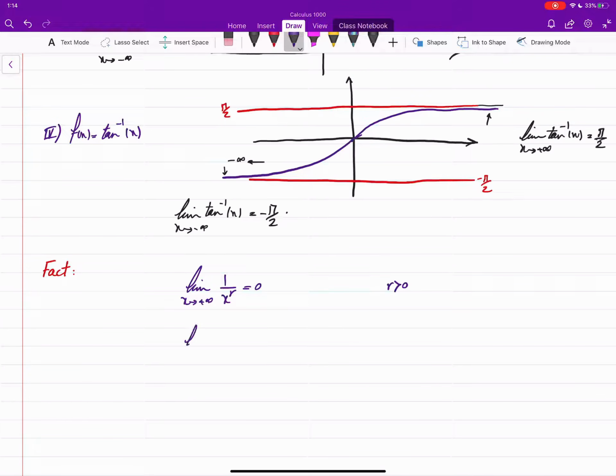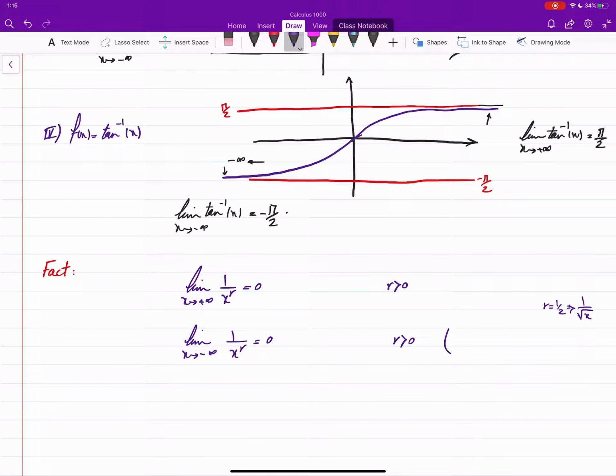And the limit as x goes to negative infinity of 1 over x to the power r is also 0 for r positive. Note that since we are plugging in negative numbers, for example, if r is 1 over 2, then we will have 1 over root x, and I cannot plug in negative values, so this won't work there.